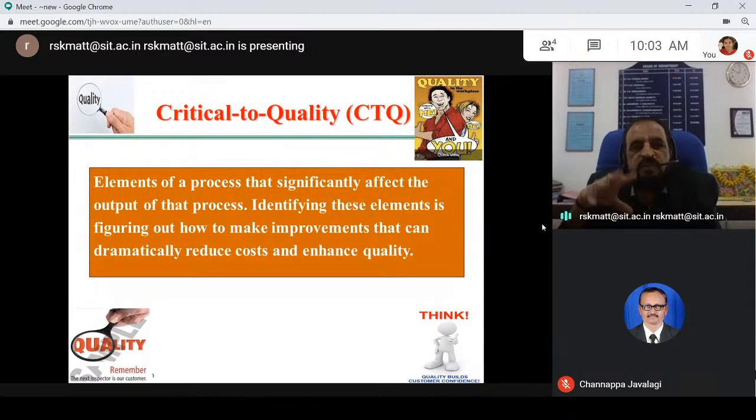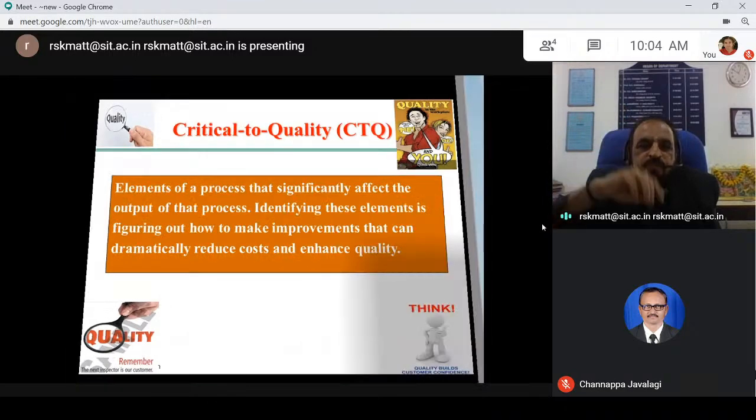The elements of the process that significantly affect the output of the process are called CTQs. Identify these elements and figure out how to make improvements that can dramatically reduce the cost and enhance the quality. It is an important parameter in Six Sigma implementation.